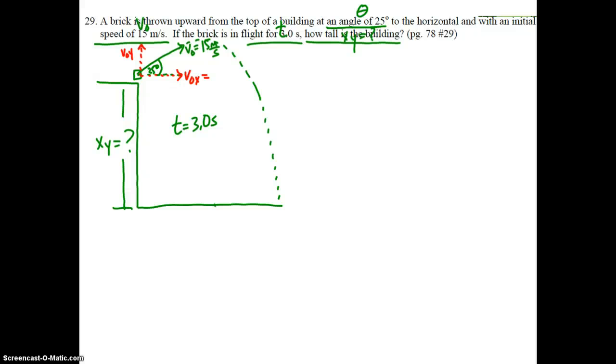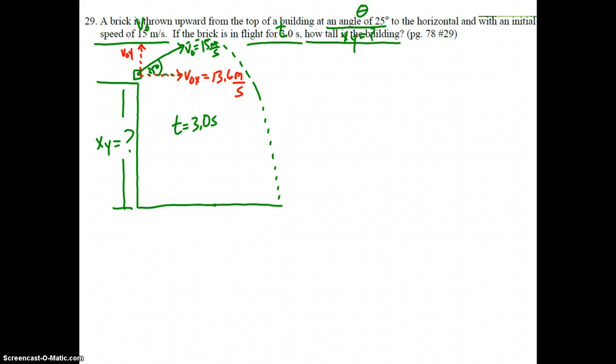By now you should have it pretty well down that we're going to use cosine, because it's adjacent to the angle, and VO, the initial velocity itself, is the hypotenuse. So Vox is VO cosine theta, so that would be 15 times the cosine of 25 degrees. Go ahead and calculate that if you haven't done so already. Pause if you need to. And we get 13.6 meters per second.